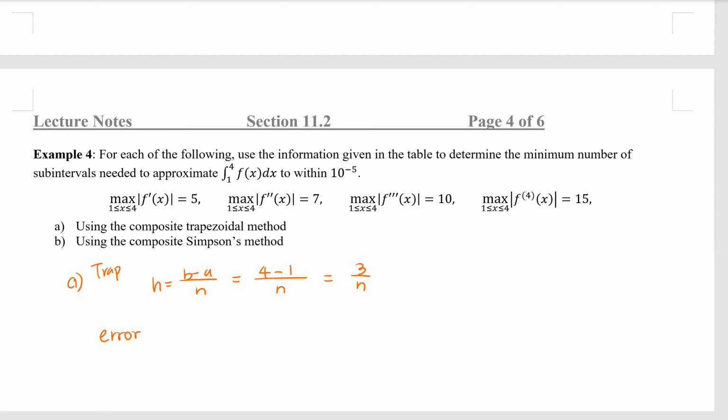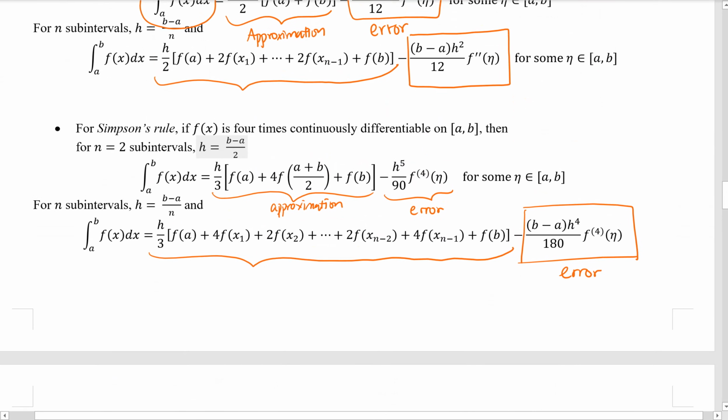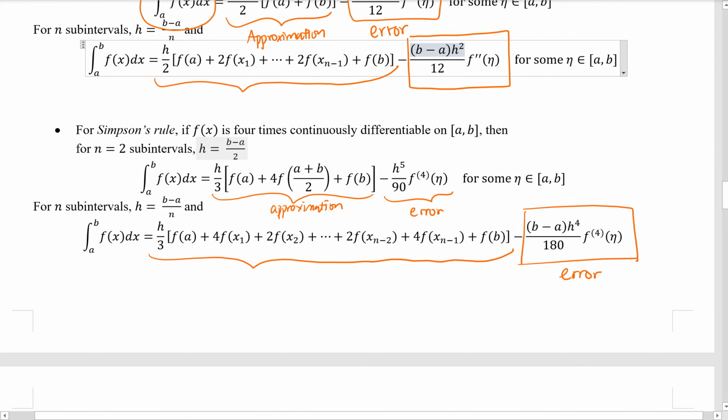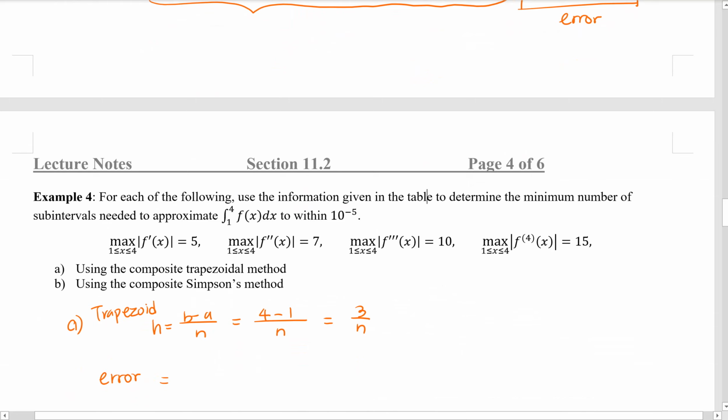For the trapezoid rule, the error term is, let's go back, (b minus a) times h squared over 12 times the second derivative.